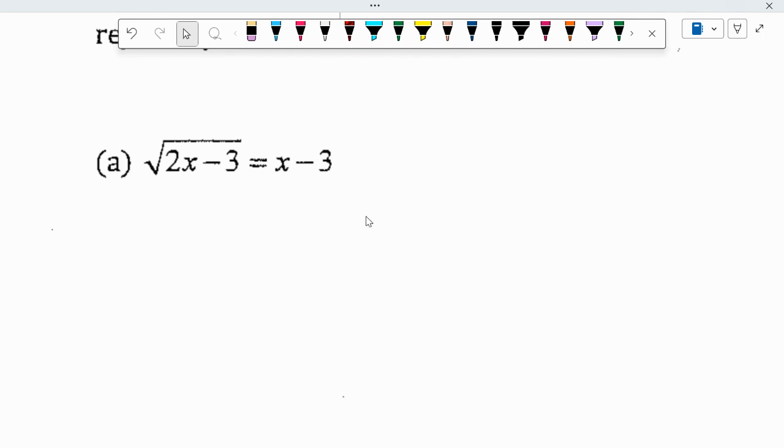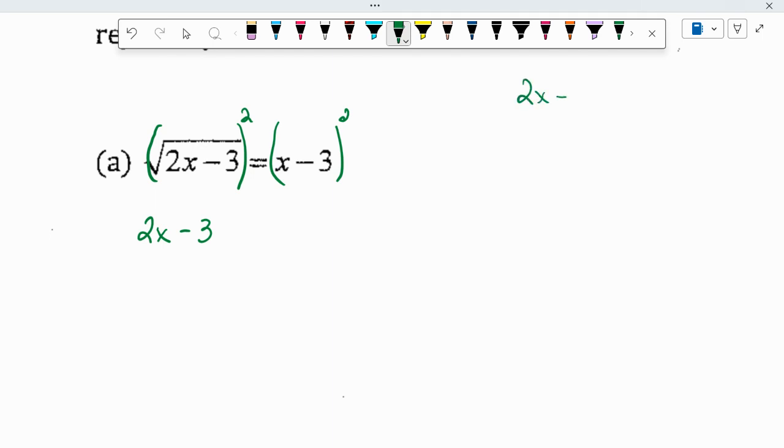What do I have to do to both sides? And square it. Okay. So when I square the square root, it evaporates, right? That melts it away. Do you guys remember why that happens?